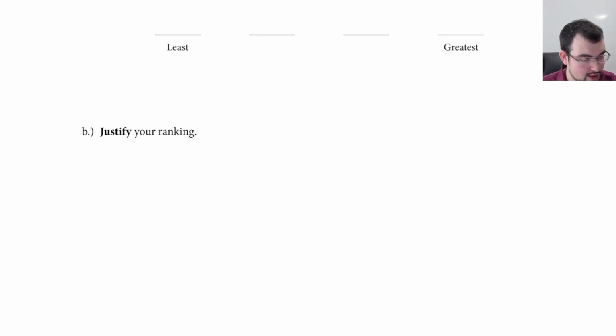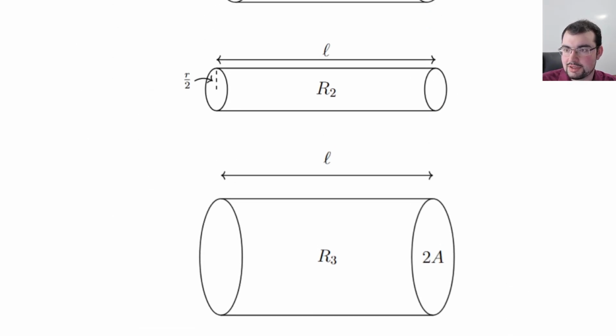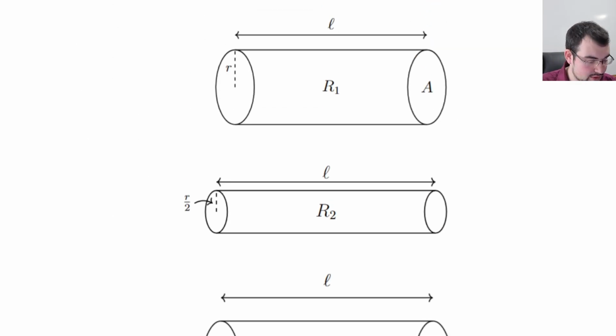So I always like to start with justify your ranking, because if we're ranking resistances, there's really only one formula we know. Resistance is resistivity times length divided by area. But also, I've noticed that I'm not actually given the area directly for some of these.